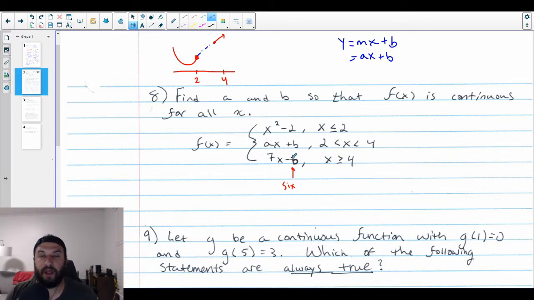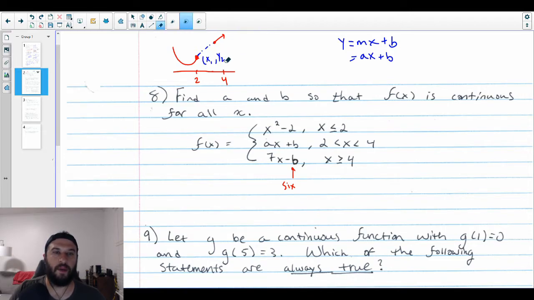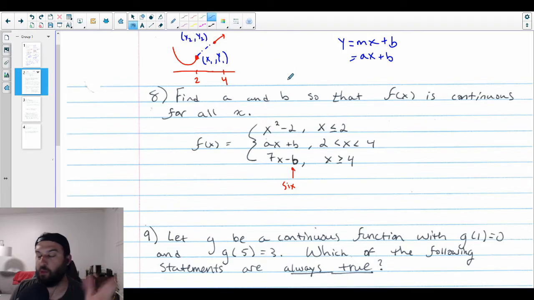Now back in Algebra 1, you learned how to find the equation of a line, right? You had to find 2 points, or be given 2 points, find the slope, find the y-intercept.